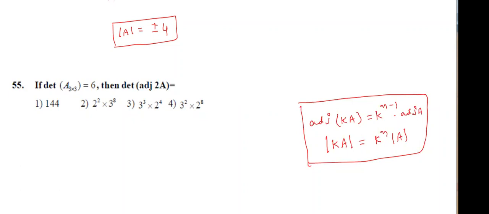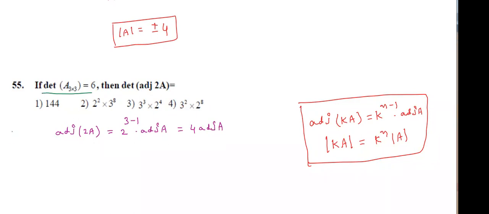Okay, those are useful now. See that first we need to find adjoint of 2A. Adjoint of 2A, that means what is the formula? 2 power n minus 1, 3 minus 1, into adjoint A. That is 4 adjoint A. And what they are given here?